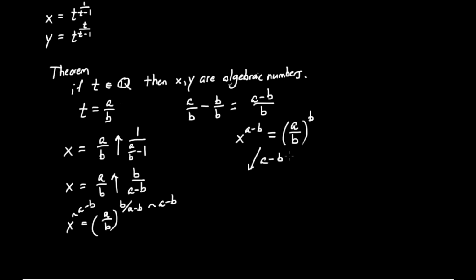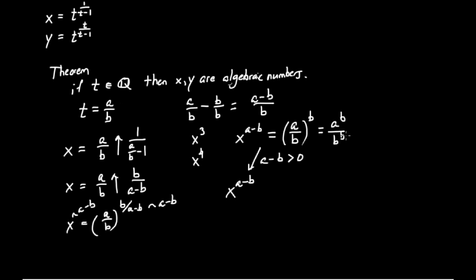If a minus b is positive, or it's greater than 0, this x to the a minus b, it's going to look something like x to the third or x to the fourth, something like that. If it's like this, then I'm all set. And let me show you why. So I have x to the a minus b power, but what I'm going to do now is I'm going to rewrite this as a to the b power over b to the b power.